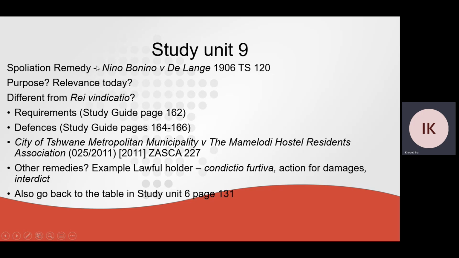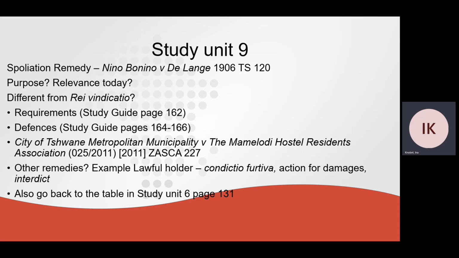The first case that obviously comes to mind when we talk about the spoliation remedy is Nino Bonino versus De Lange. You can go and read what is written in the study guide, but the facts are a set you might have heard many times before.